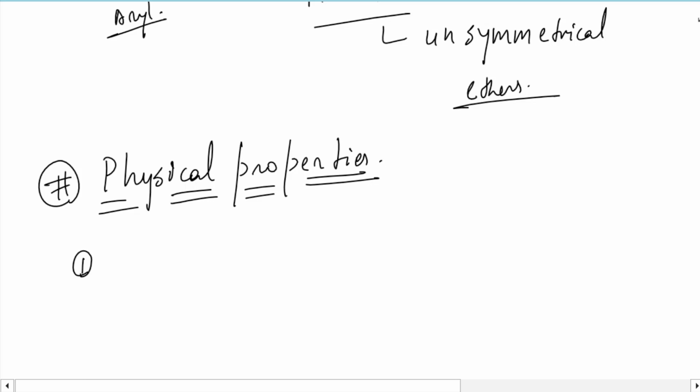First of all, if you talk about their state, let's start with their boiling points. First of all, the structure of ether is ROR'. This is how an ether looks like. So this is a polar bond.